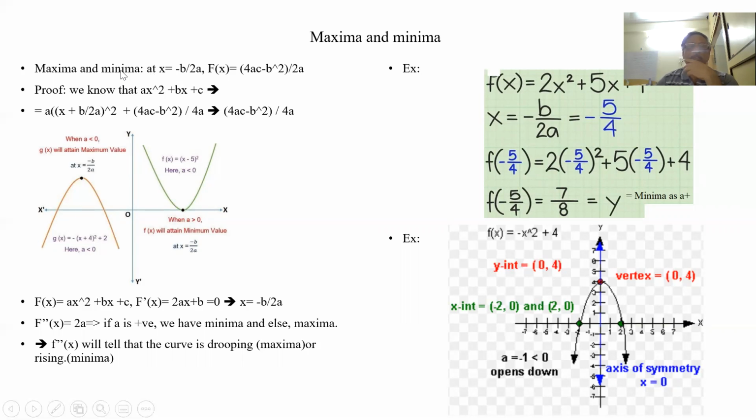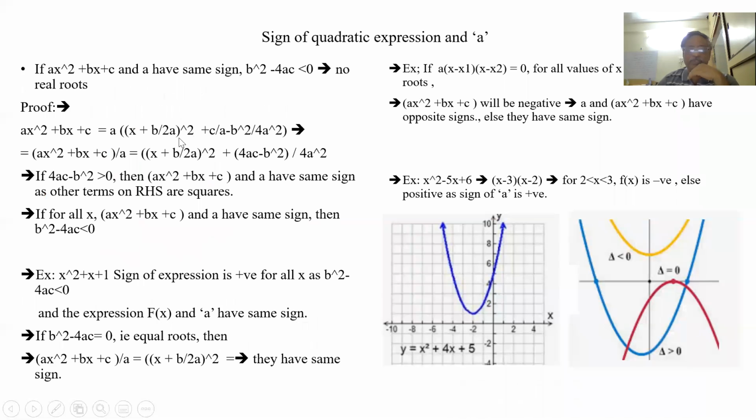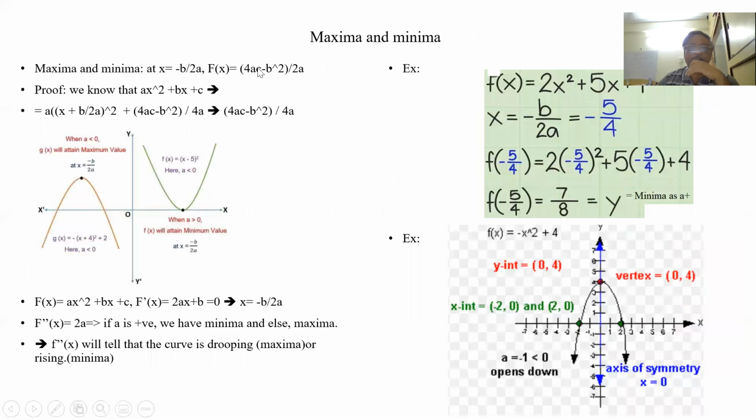So let us see. If x is minus b by 2a, what is the value of the expression we are getting? See here, when x is minus b by 2a, this becomes 0. Then the expression becomes 4ac minus b square by 4a square into a. So a gets cancelled by 4a, giving 4ac minus b square by 4a.